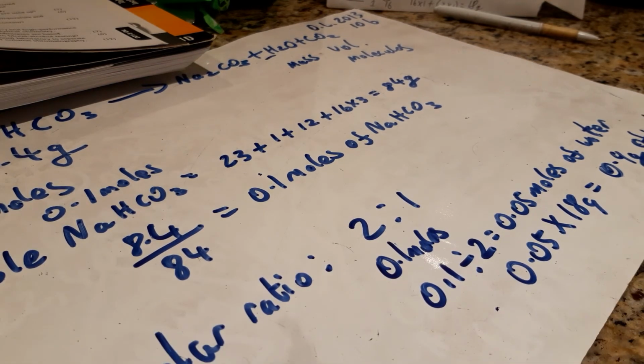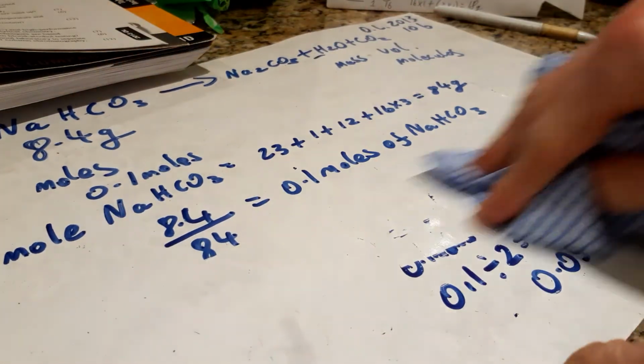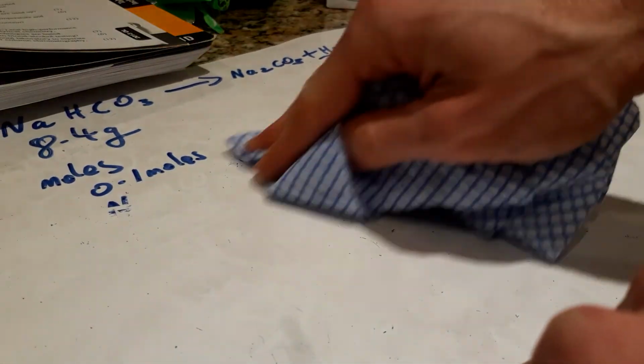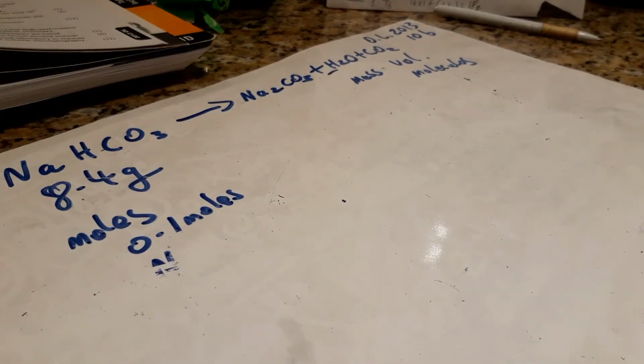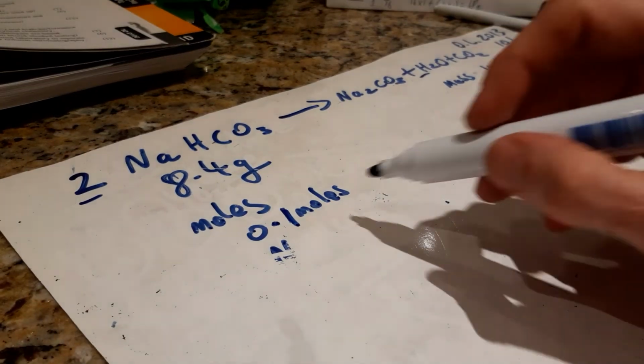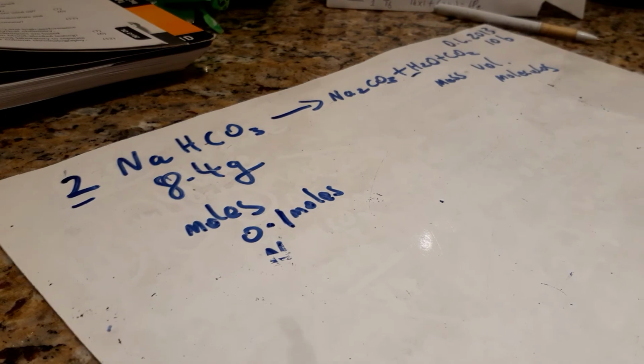The next thing we're asked to do is work out the volume of carbon dioxide. Again, we use the really important piece of information at the start, which is that we started with 0.1 moles of sodium hydrogen carbonate.